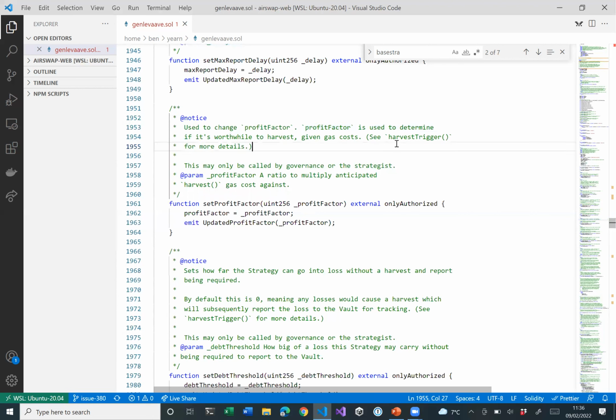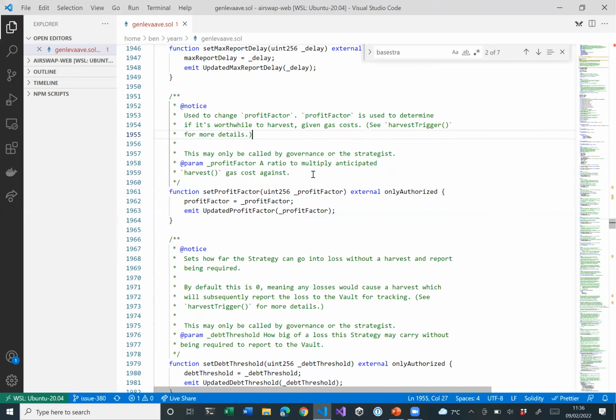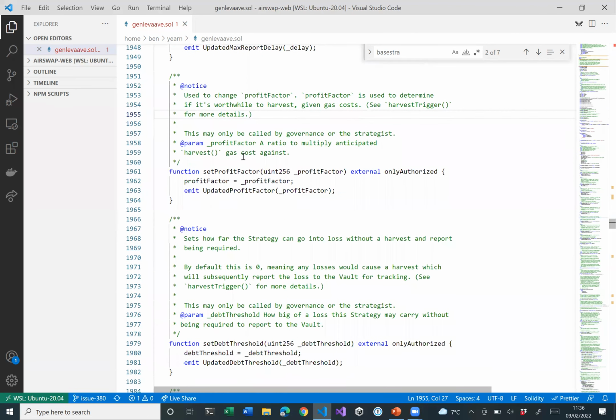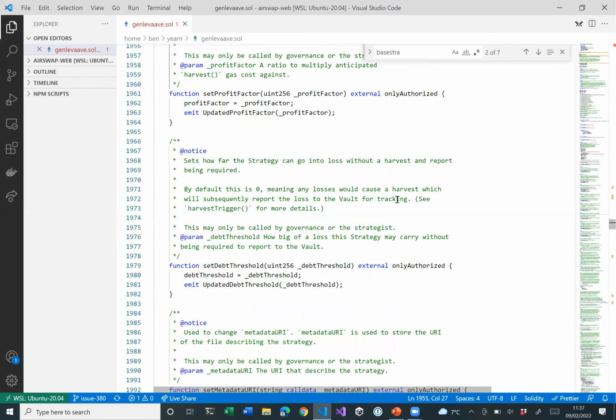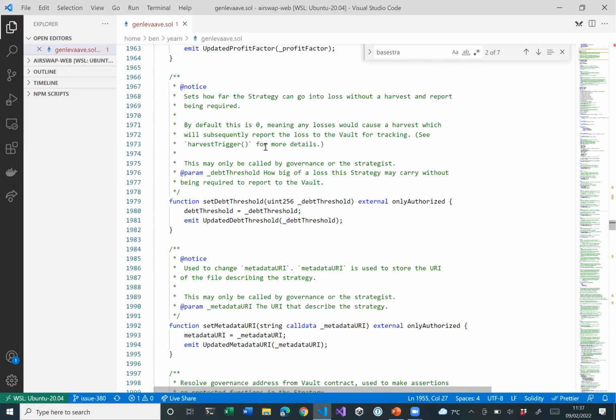Okay, this is more of a threshold kind of thing. There should be another check to see whether the overall strategy is profitable. Profit factor is a ratio multiplied by anticipated harvest gas cost. So sets how far the strategy can go into loss without a harvest and a report being required. Okay.